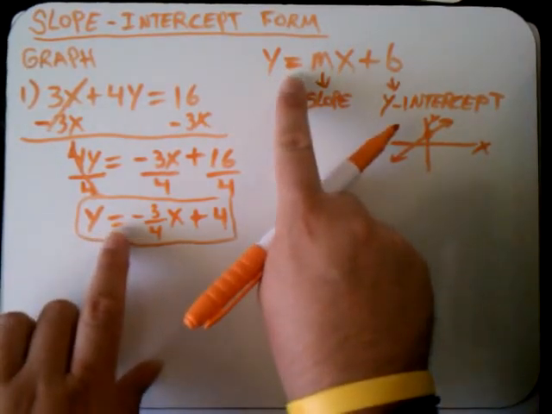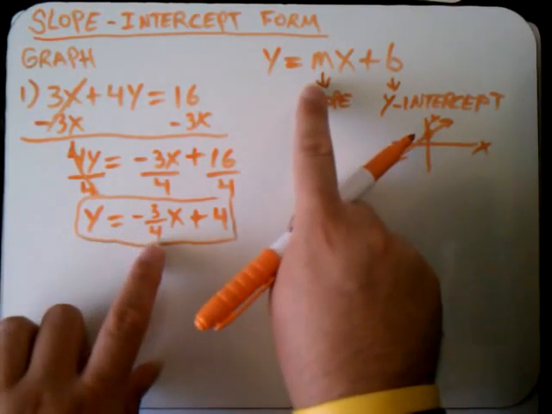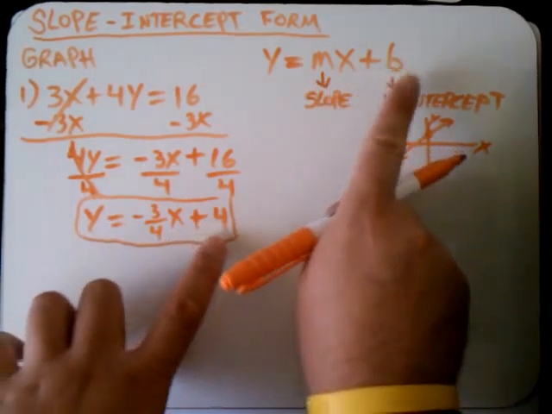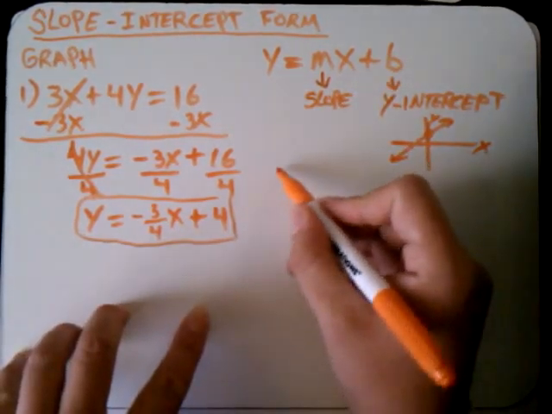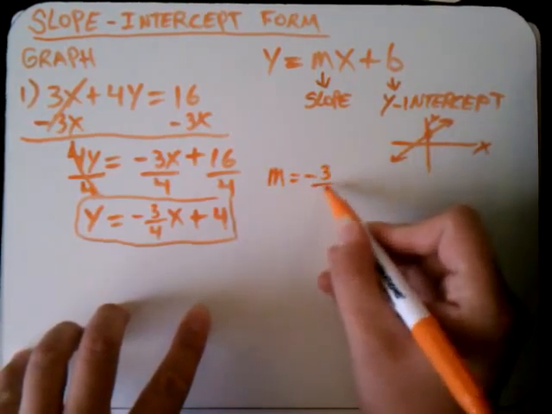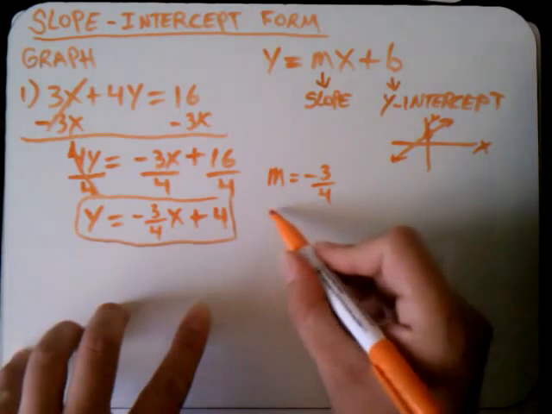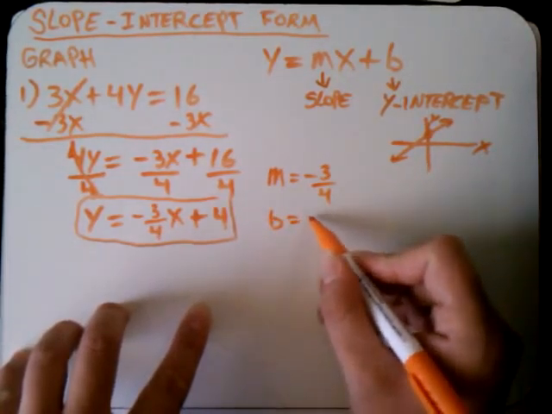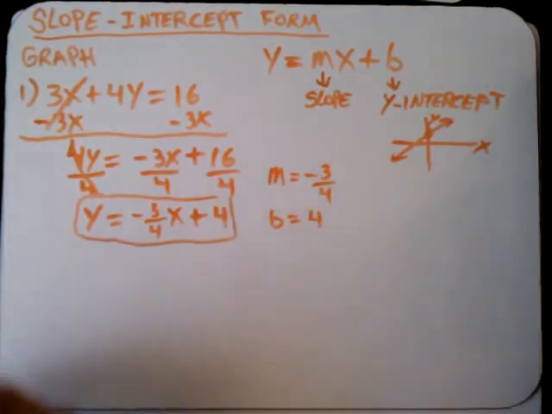Y equals mx plus b, okay? So in our case, our m is equal to negative 3 over 4, and our b is equal to 4, okay?